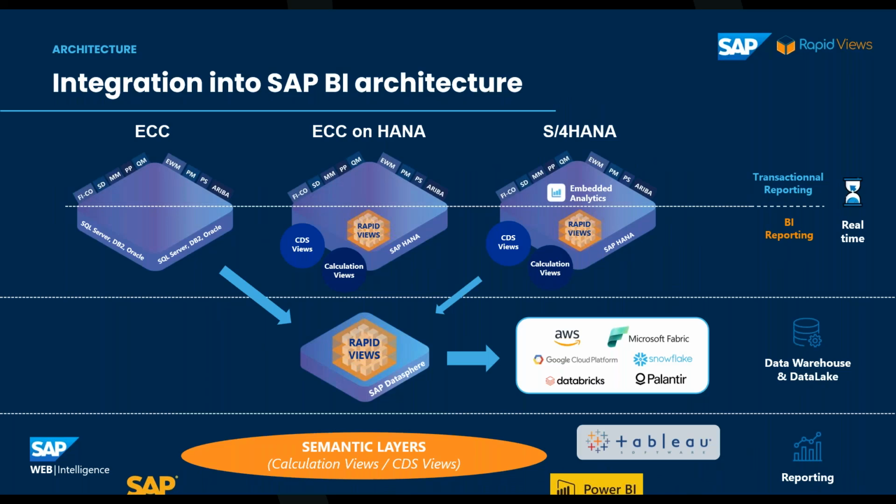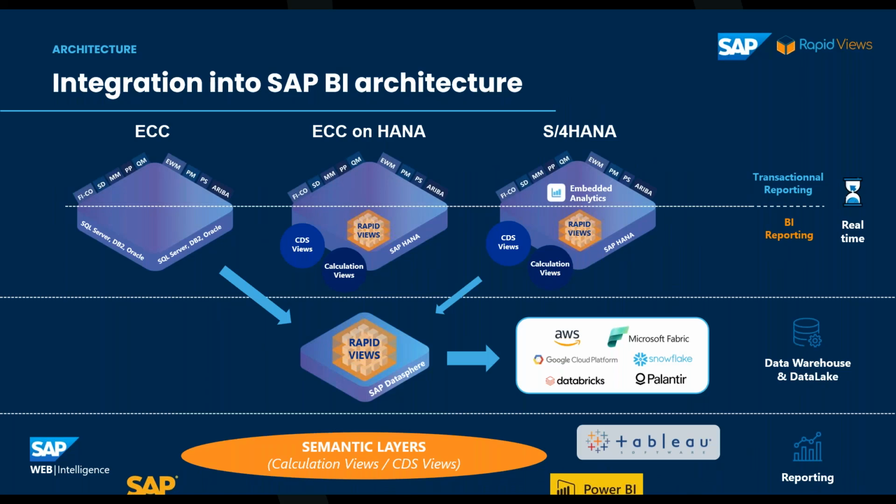As you can see, we dissociate what we call transactional reporting, where you have what we call embedded analytics. Embedded analytics are a predefined set of small reports that are part of your transactional system, which is actually very good.